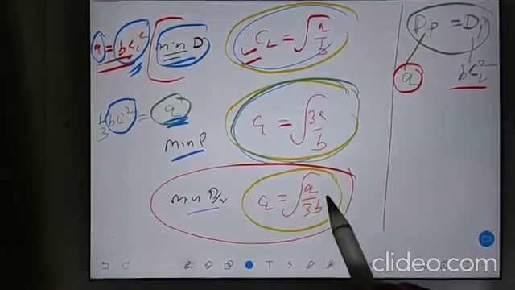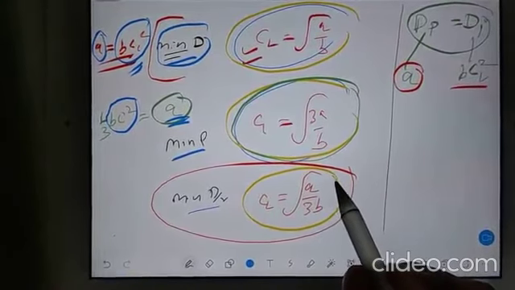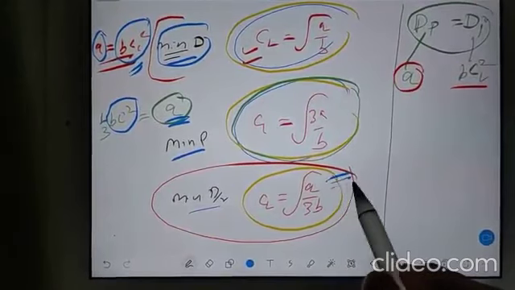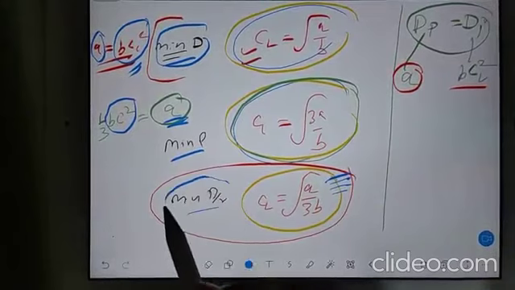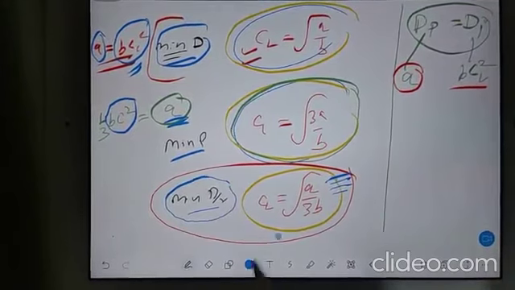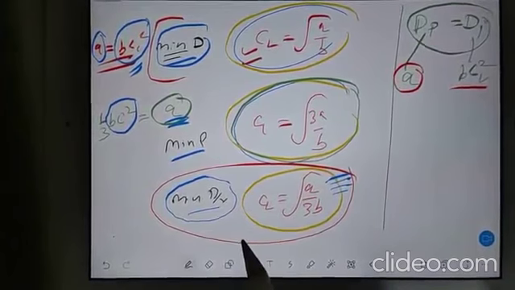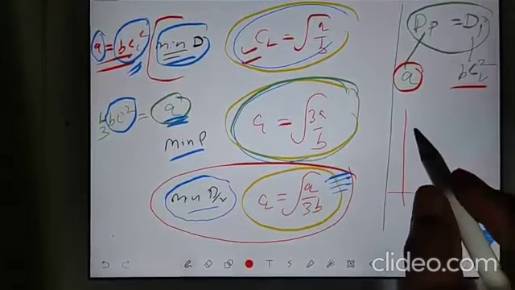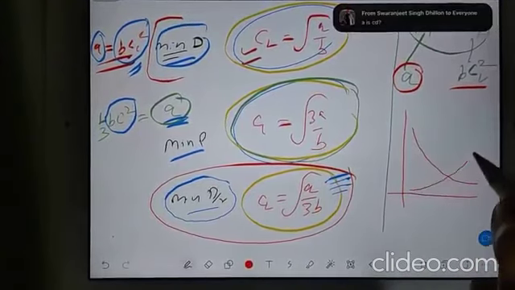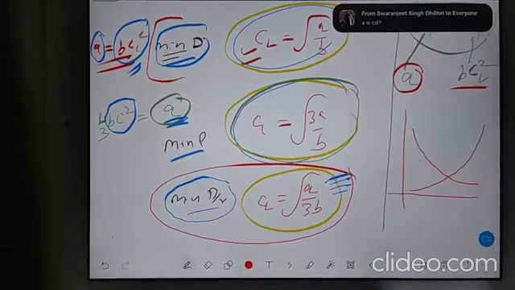Next topic is we have to find which velocity, I mean the velocity at which you follow the minimum d by v condition, where is the location of that velocity? On this diagram I have induced drag and parasite drag. A is CD naught.